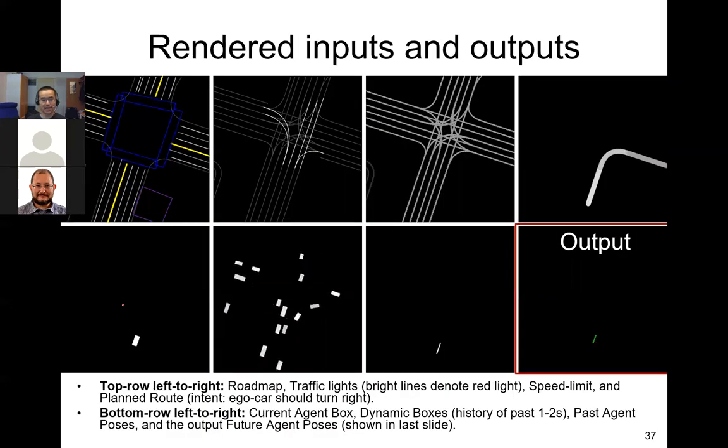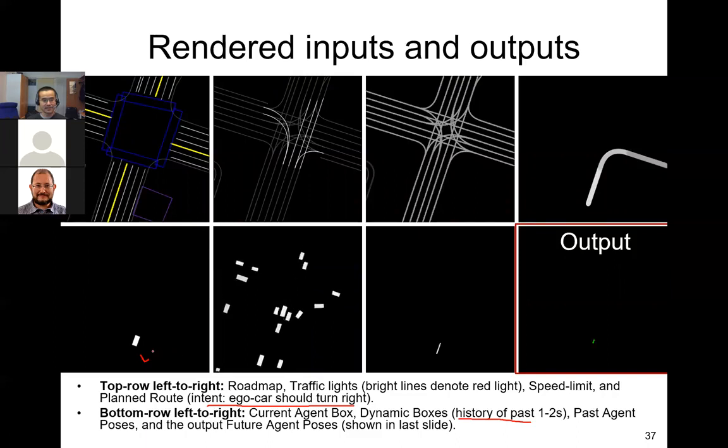So this is the animated input and outputs. So top row are these things I discussed before. The intent is the ego car should turn right. The bottom row is the current agent and dynamic boxes of nearby cars, which is a history of past 1 to 2 seconds, past agent poses.